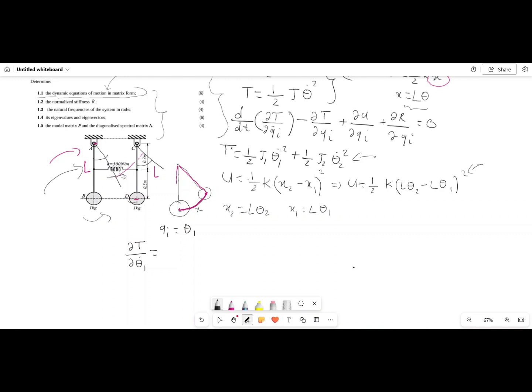So our main focus is this guy. If we differentiate this, the half will be here, the 2 will drop, so what will be remaining is J1 theta 1 dot. So at the end of the day, the answer is J1 theta 1 dot.